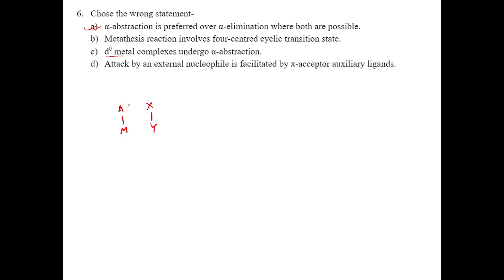If it is a sigma bond metathesis reaction, then it will form a transition state where this bond is breaking and this bond is forming, and this bond is breaking and this bond is forming. Okay, so this type of transition state is there. So it is a four-membered, four-centered transition state.